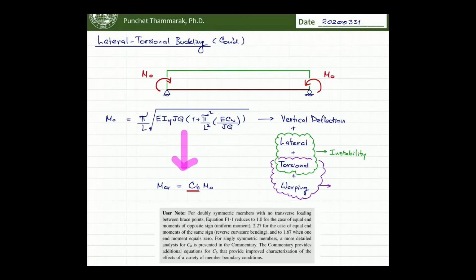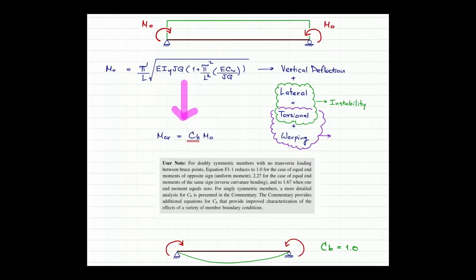Because the BMD is not like this, and you just mentioned that it is quite difficult or nearly impossible to solve the differential equation for those cases where the bending moment diagram is not uniform like this. So how did the researchers or engineers in the past conduct the research or learn how to come up with this CB constant?